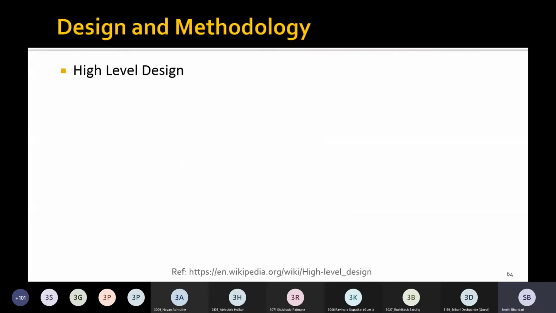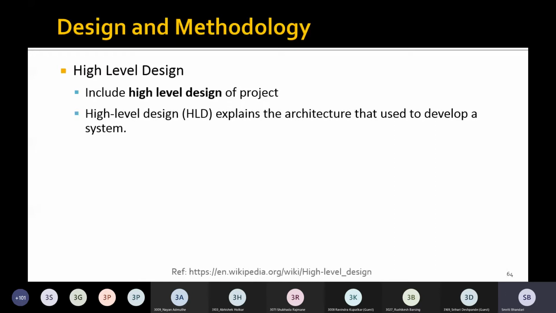Okay, you should include high level design. In fact, these points you might have learned in software engineering. So what is high level design? Actually, it explains the architecture that is being used to develop the system, to develop the project, right?